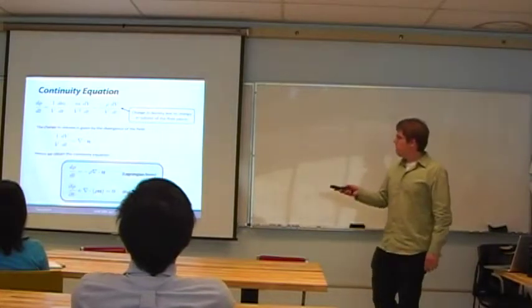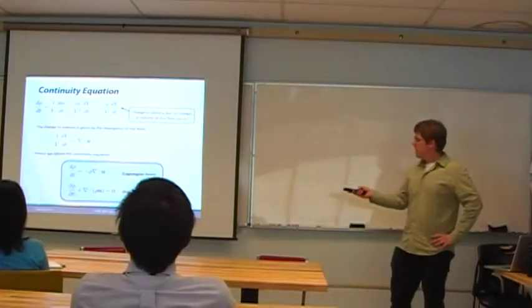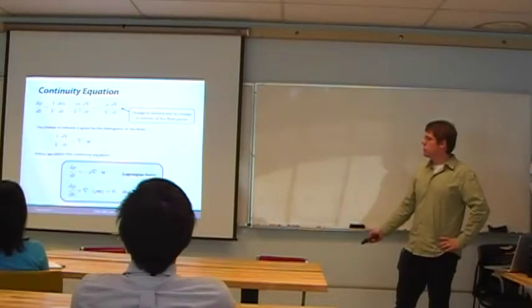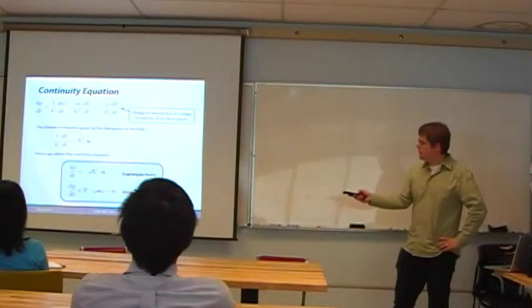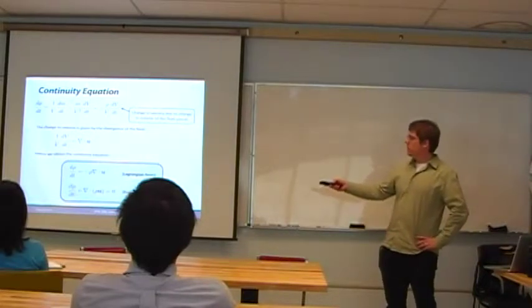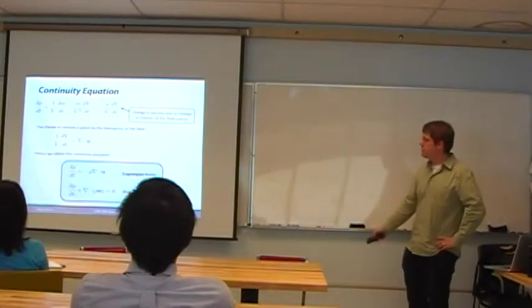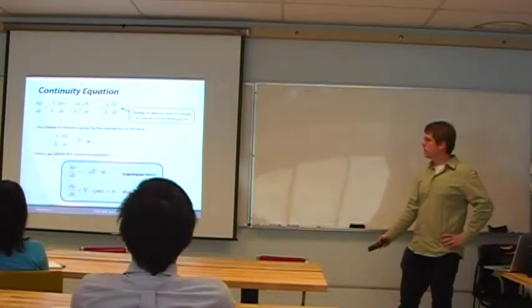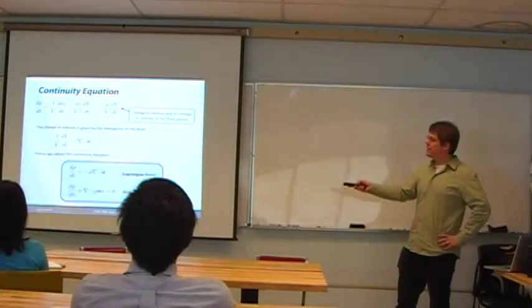So the change of volume is given, using this hand-wavy argument, by the divergence of the underlying velocity field. And so this 1 over V times dV/dt is given directly by the divergence of u.